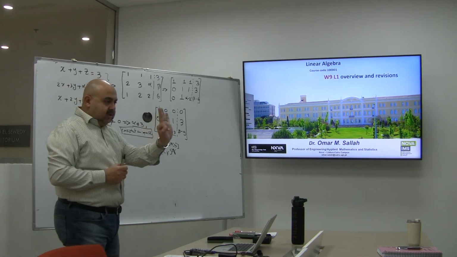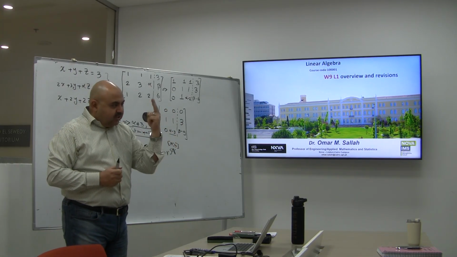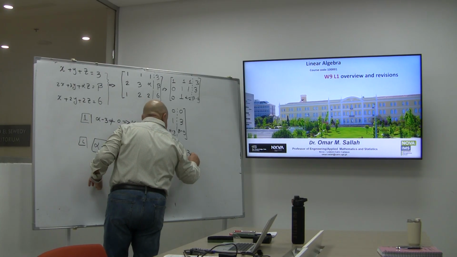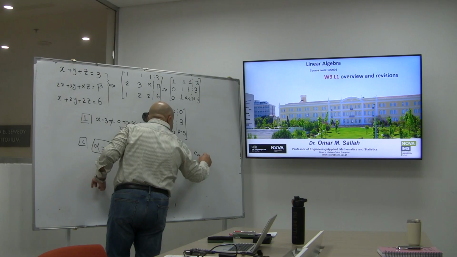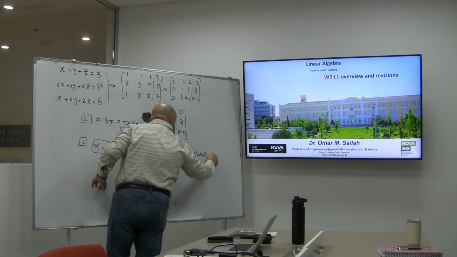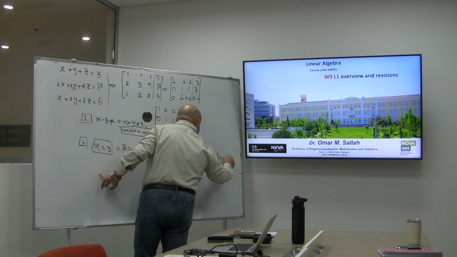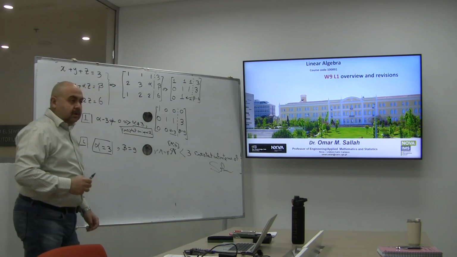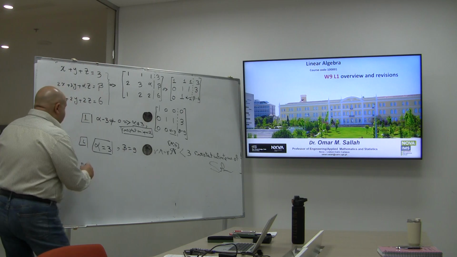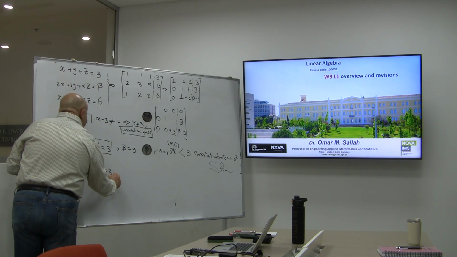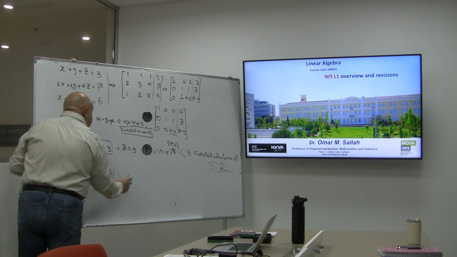The number of variables is 3, while the rank is 2, which means those guys are less than 3. In this case, you will have a consistent infinite number of solutions.